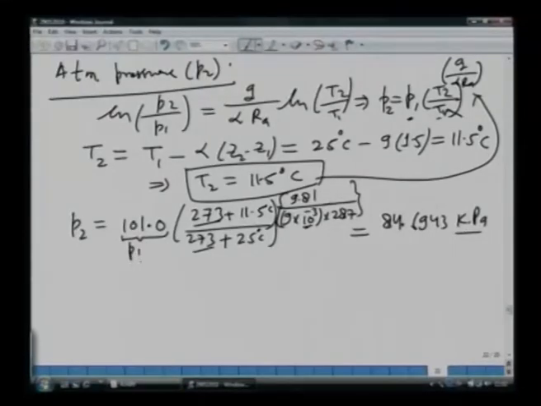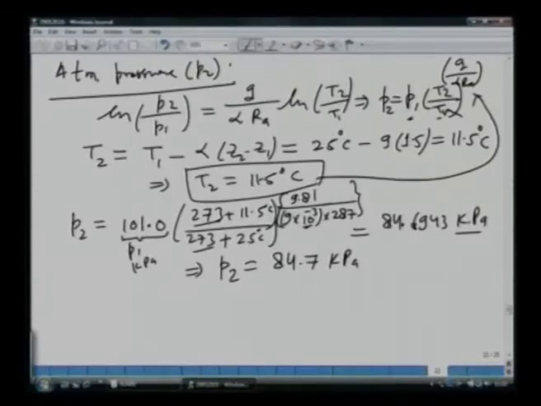Because this P1 is in kilopascals. You could have converted into pascals by multiplying by 10 to the power 3, and the answer would be the same in pascals. So, this comes out in kilopascals.